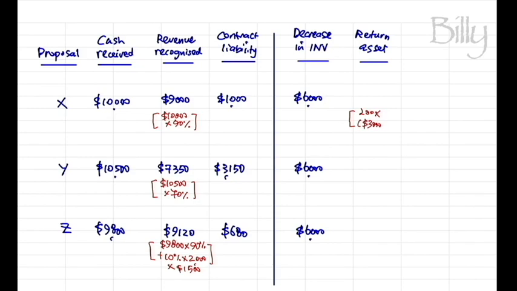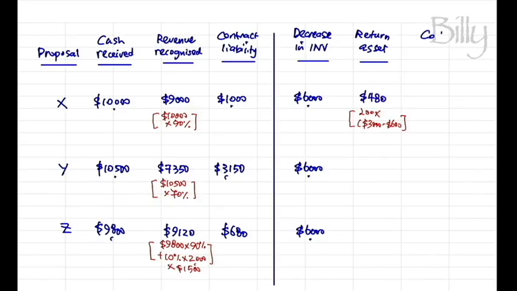For every unit returned, the company has to refurbish the returned units. The cost to refurbish is $600. 3,000 minus 600 multiplied by 200 units. The value of the return asset after accounting for refurbishing costs is 480.